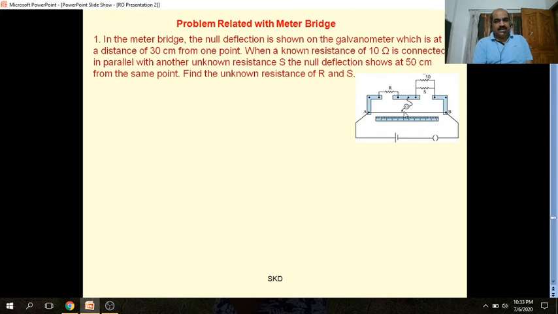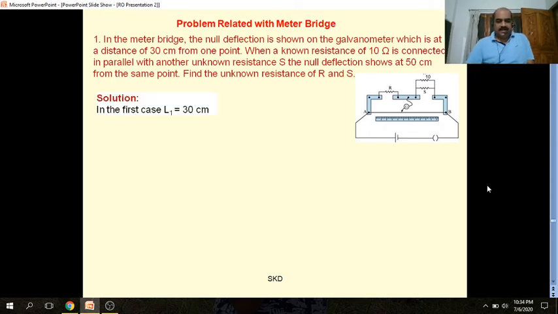So naturally the balance length gets shifted towards B, and that's why instead of 30 centimeter it will come to 50 centimeter. So, as I told you earlier, the null point gets shifted. Keep this in mind.